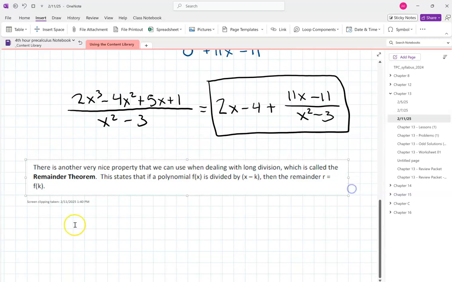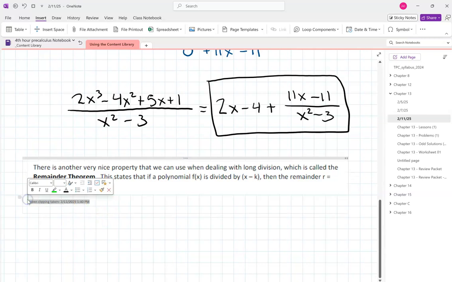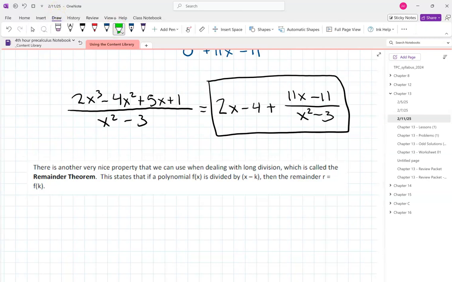We're going to start first by looking at a pretty nice theorem that says, if I have some polynomial f of x and I divide it by some other polynomial x minus k, that's a polynomial whose leading coefficient is 1 and whose degree is 1.